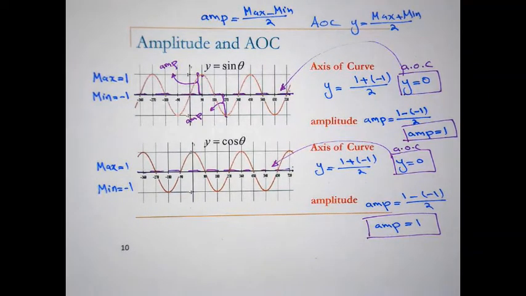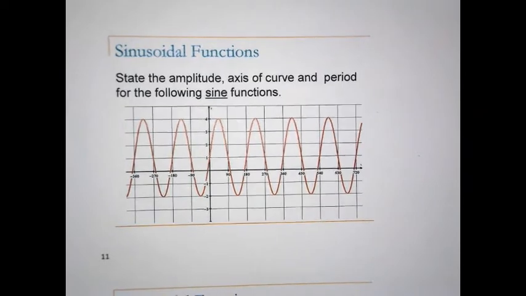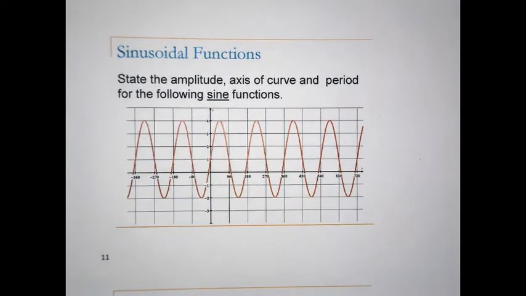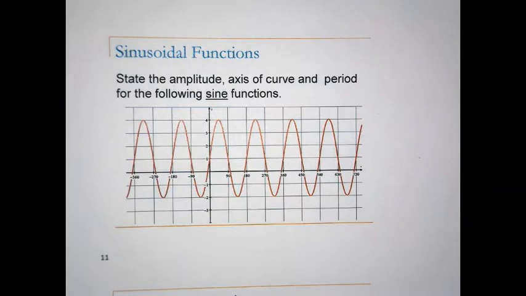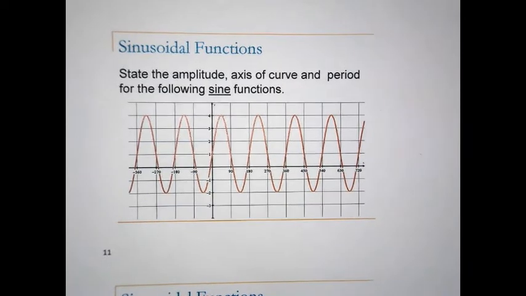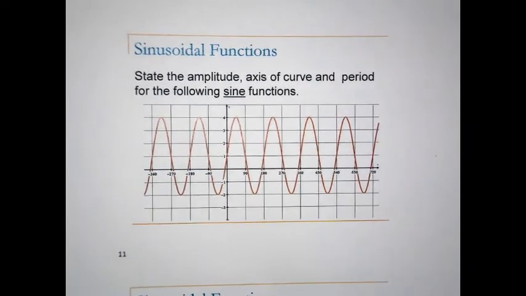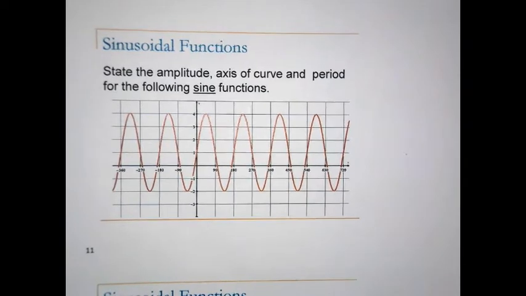Now, what we are going to do as practice is I am going to show you some sinusoidal functions, either sine or cosine, where there have been some transformations happening. We don't know what kind of transformation, but we want to find out what is the amplitude, axis of curve, and period for these functions.